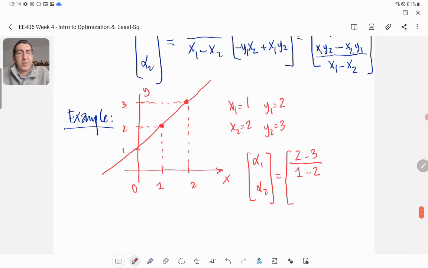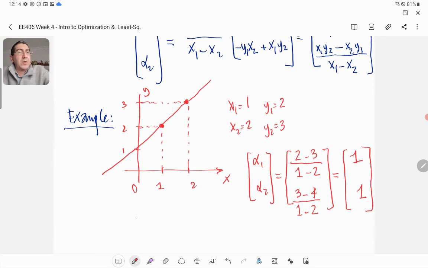And over here we have, if you make the calculation, 3 minus 4 over 1 minus 2. Okay, so that gives us, this is minus 1 over minus 1, it is 1. This is minus 1 over minus 1, it's also 1.